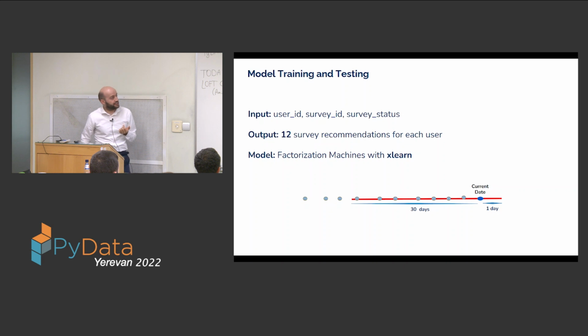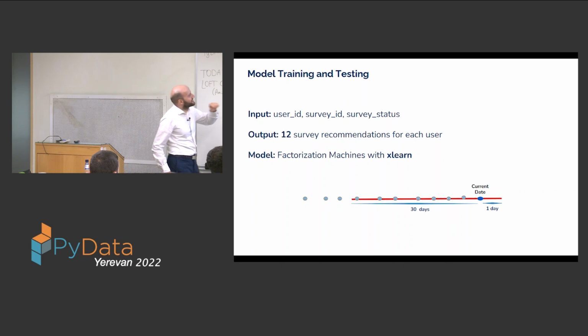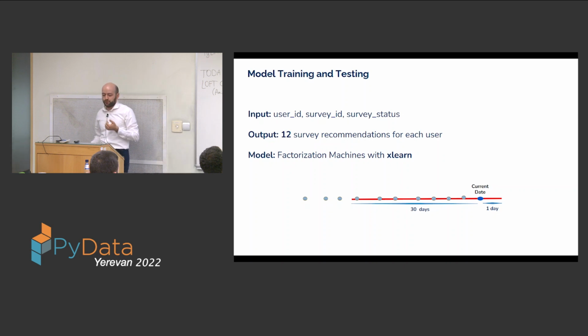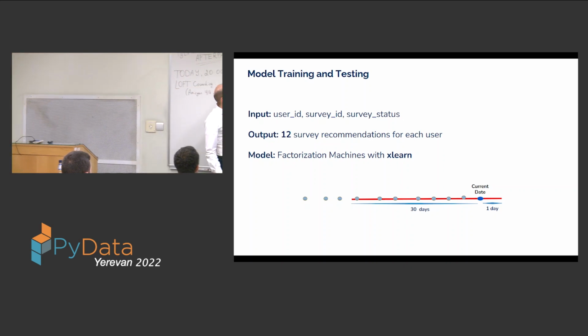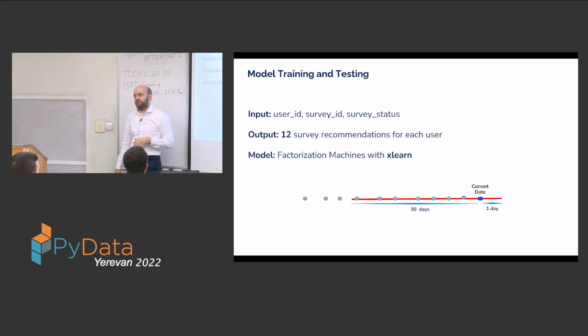So how the model training happens, it may sound surprising, but we just give: this user attempted this survey, was it successful or not? This is the only data that we give as an input to this model to be trained. At the end, whenever you want to see if this user will complete a given survey, we just give as an input user ID and survey ID, and it will give you a probability.